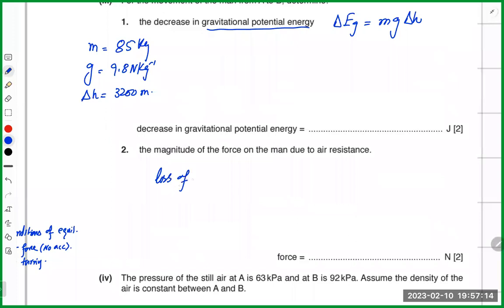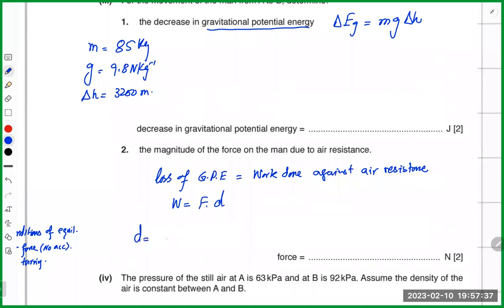Loss of gravitational potential energy equals work done against air resistance. So work done equals force into distance.